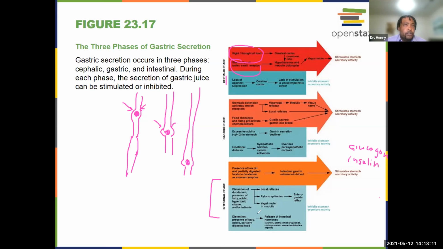And then there's also proton pump inhibitors. Not protein, proton pump inhibitors. On the surface of your stomach, to help with the acidity of your stomach, we have these channels in our stomach cells that release H plus to make the stomach more acidic.